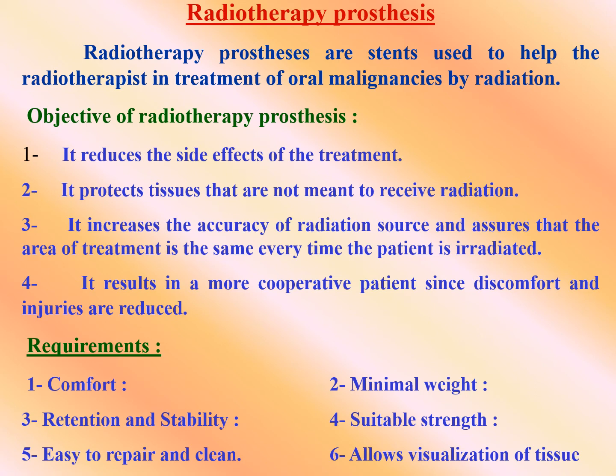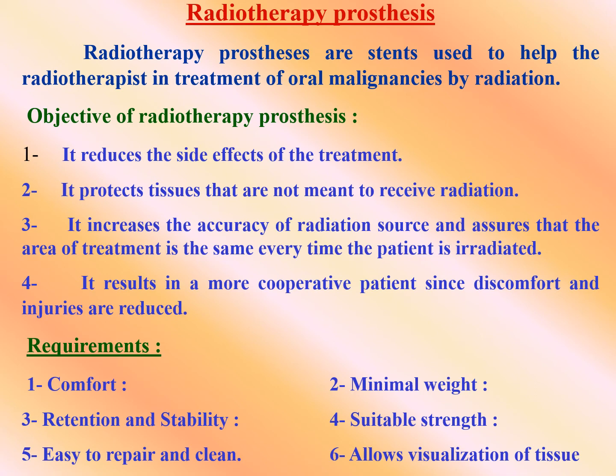Radiotherapy prostheses are stents used to help the radiotherapist in treatment of oral malignancy by radiation. The objective here for radiotherapy prostheses is to reduce the side effect of the treatment by radiation on the healthy normal tissue. It has the effect on the tumor tissue, but we must reduce the side effect of radiation on the healthy tissue.